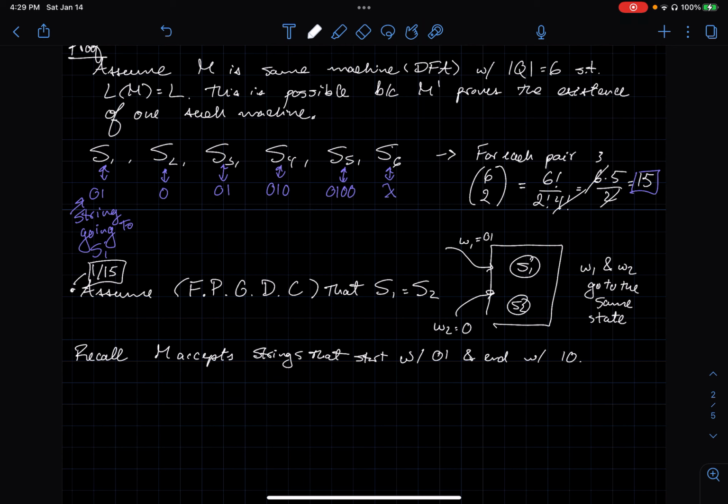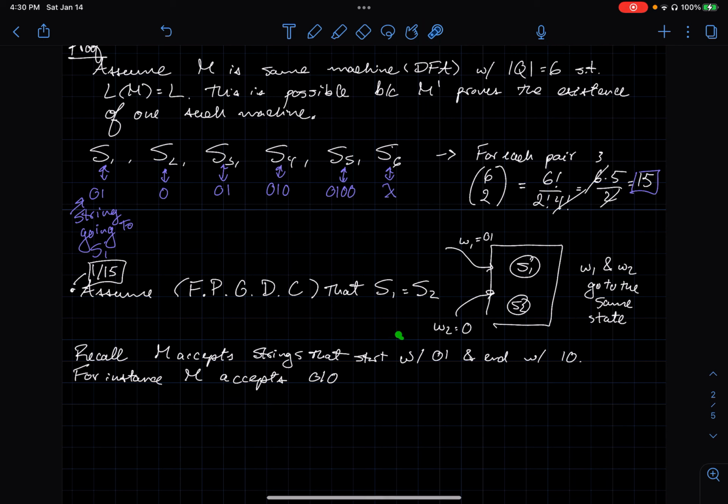So for instance, M accepts 0, 1, 0, because this string starts with 0, 1 and it ends with 1, 0. And this is what we have to take advantage of. It's actually this particular counterexample that's going to lead us to a contradiction.